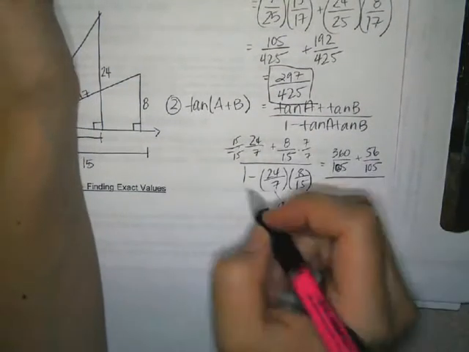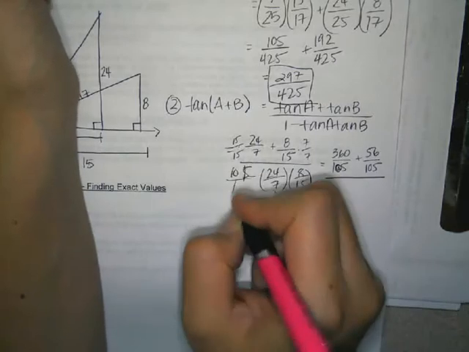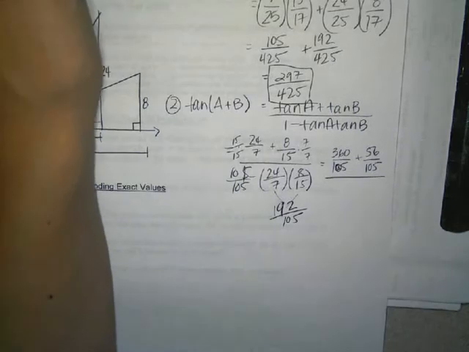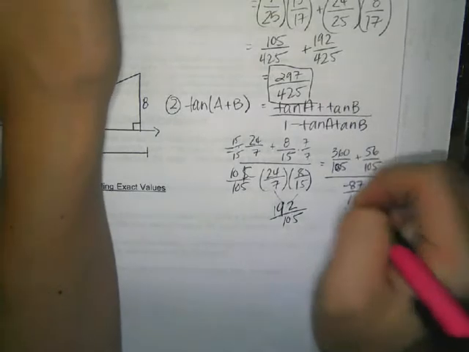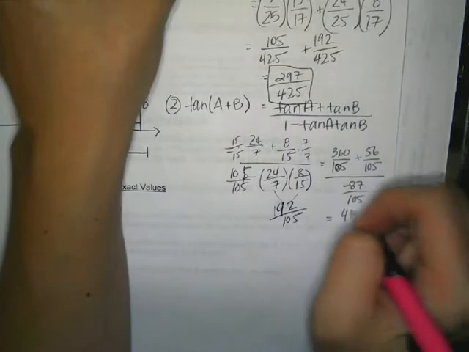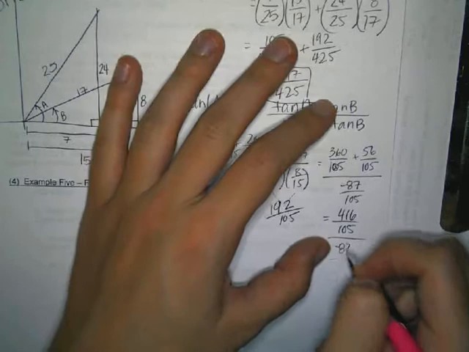And if I'm taking 1 and subtracting, you still need common denominators, so this is going to become 105 over 105. 105 minus 192 is negative 87 over 105. And then we're going to add across here, so 360 plus 56 gets me 416 over 105. And on the bottom, I get negative 87 over 105.